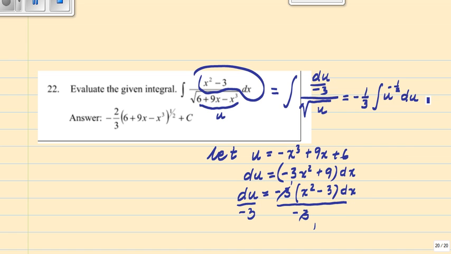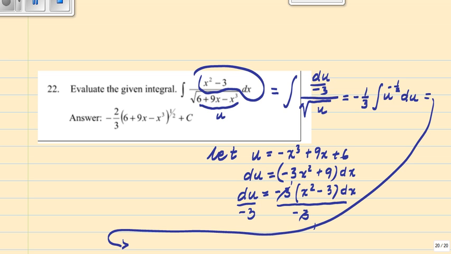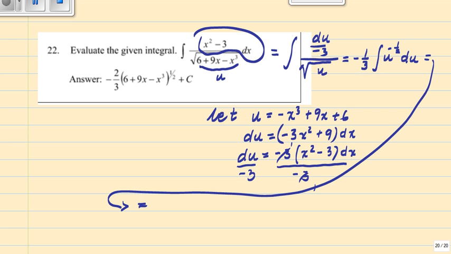So this is going to be equal to minus 1/3 u to the power of minus 1/2 plus 1 is to the power of 1/2, divided by 1/2, and then plus c, which is equal to minus 2/3.